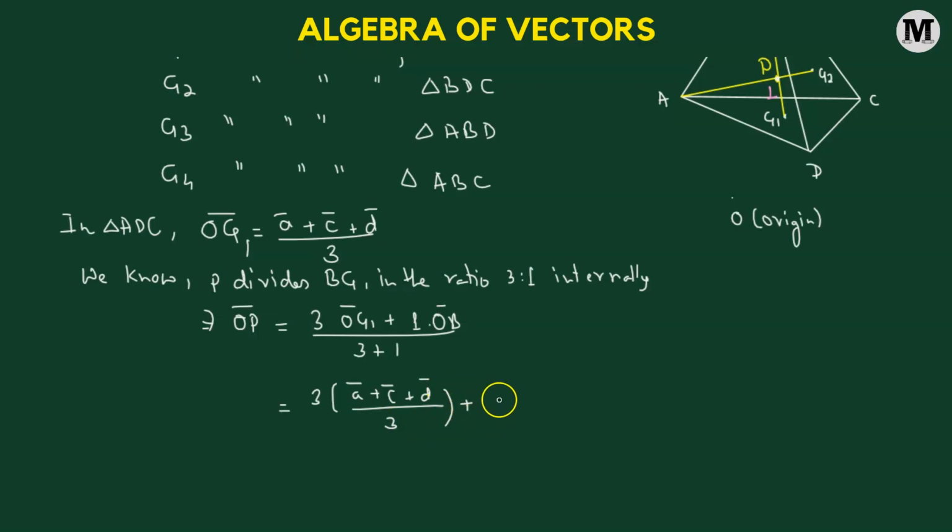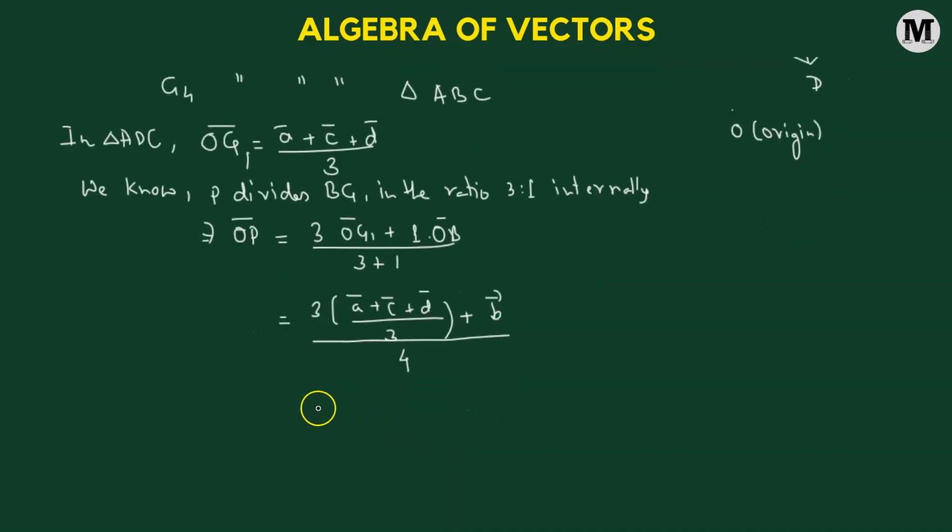Add to that the vector OB, which is the vector B, the whole divided by 3 plus 1, so that's 4. So that gives us vector OP as vector A plus vector C plus vector D plus vector B, divided by 4. So this is going to be the position vector of the point P.